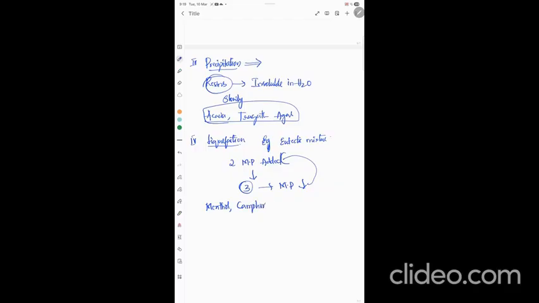For example, you have a prescription consisting of menthol, camphor, ammonium chloride and light magnesium carbonate. So here in this prescription, the menthol, camphor and ammonium chloride get liquefied on mixing with each other.